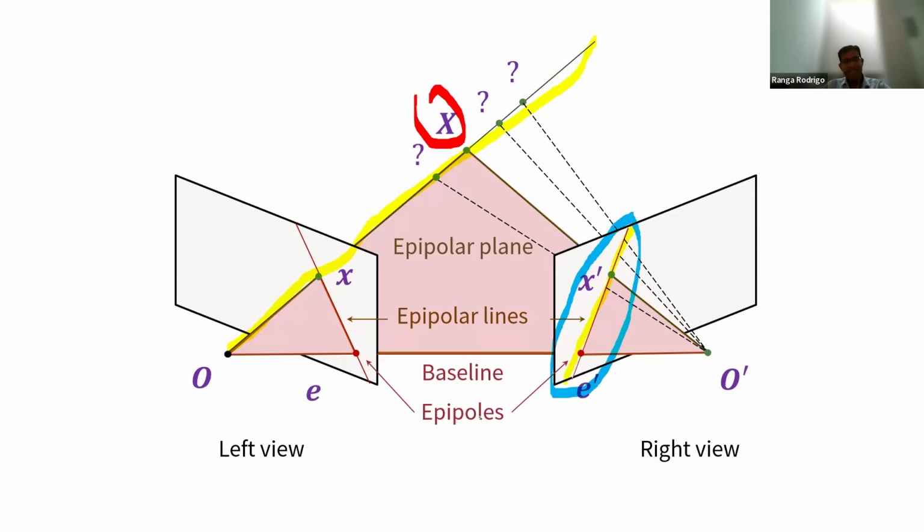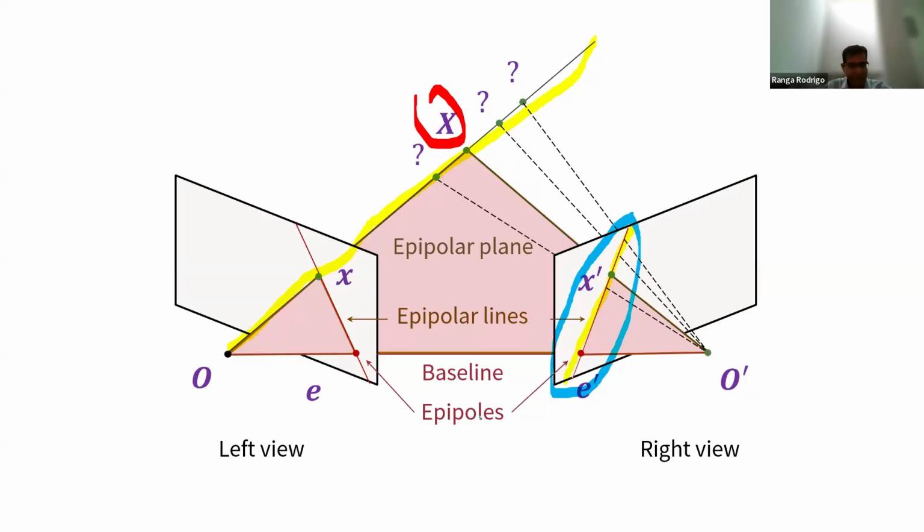This is what we are going to study in this lesson, and we want to mathematically characterize this and identify two special matrices. One is called the essential matrix, the other one is called the fundamental matrix. When we know the camera poses, that means the location and the orientation of the two cameras, we can obtain the essential matrix, and if we do not know those also, we obtain the fundamental matrix.